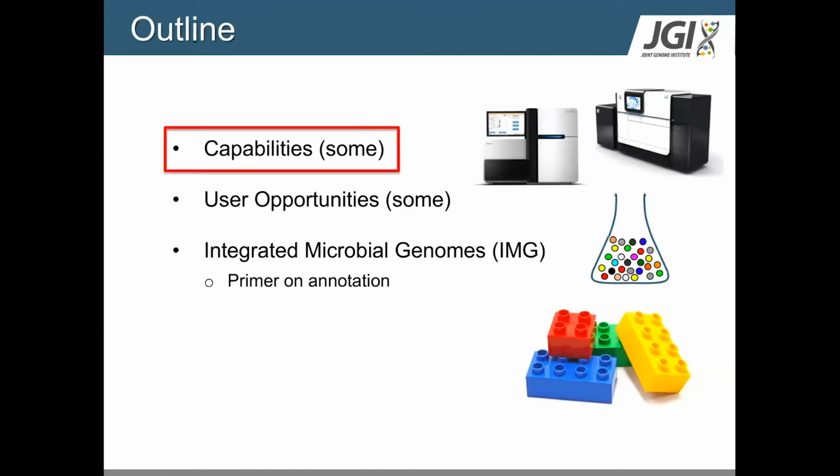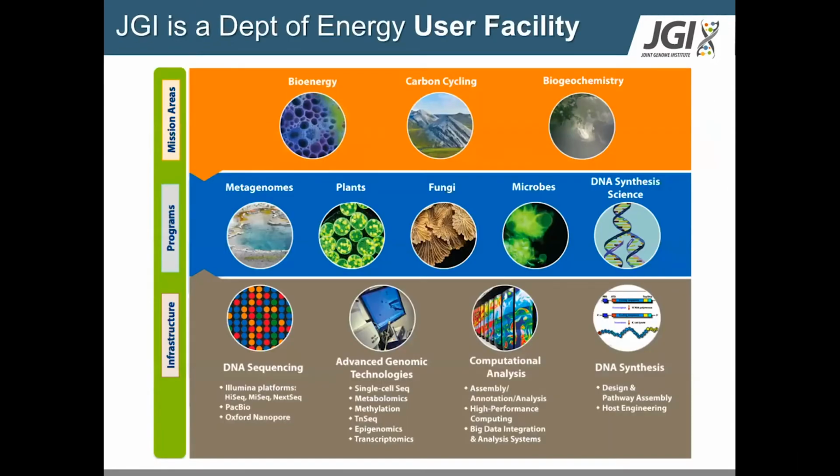Okay, so capabilities, some of them. As I said, we're here to serve these DOE mandated mission areas, and serving those areas, we're divided into 5 different programs. We have the microbial and the metagenomic program.